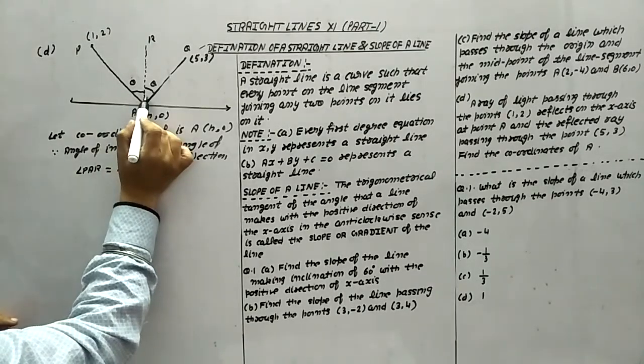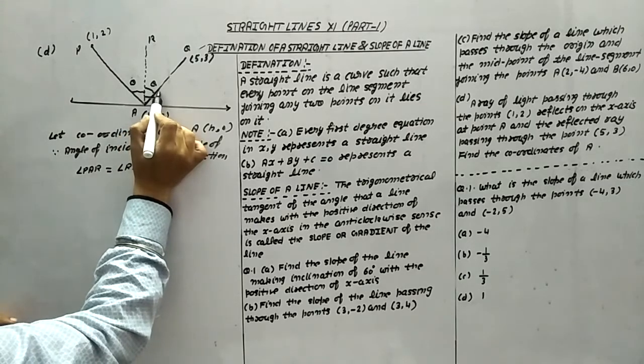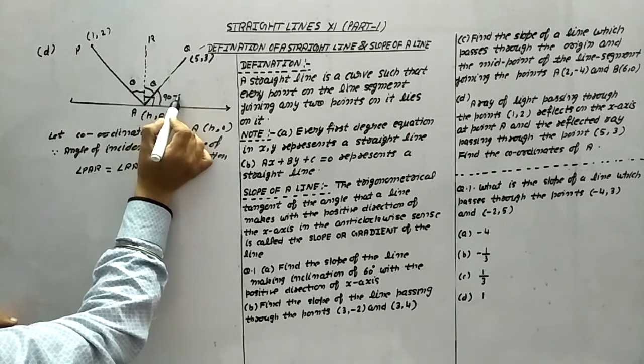Now look at this. This complete angle is 90, so this angle will be 90 minus theta.